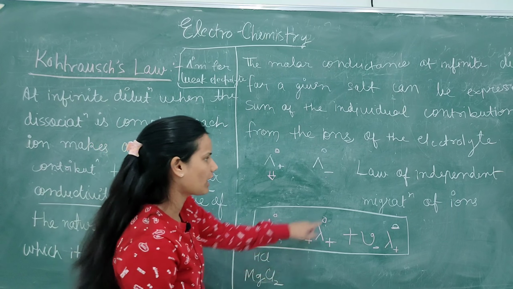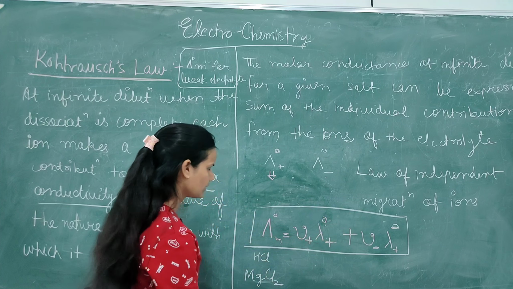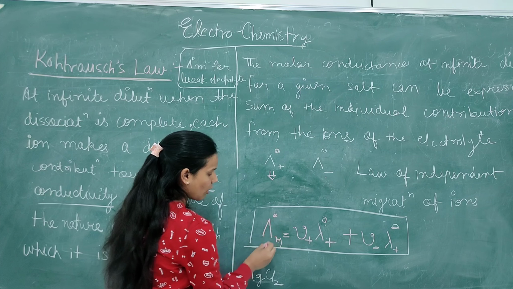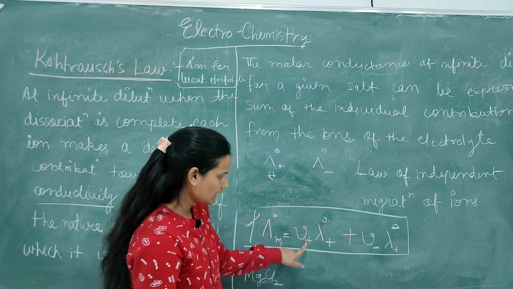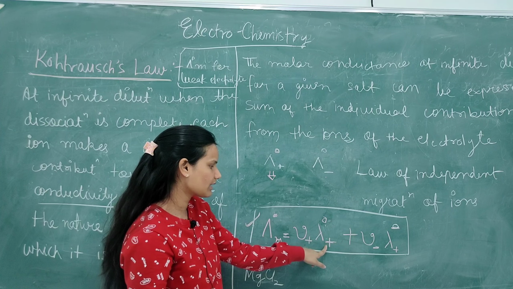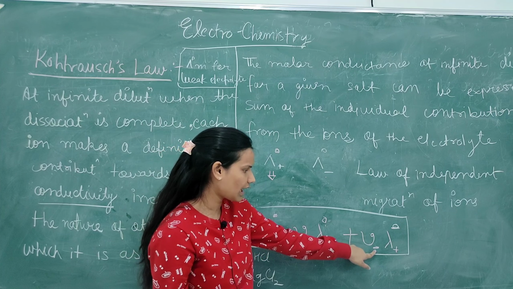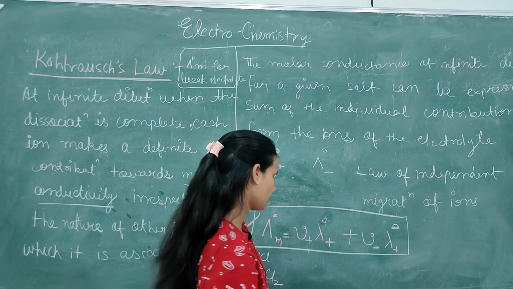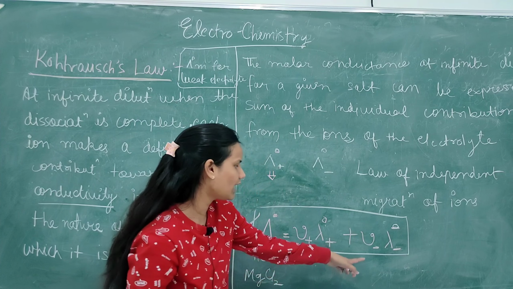Now, according to the Kohlrausch law of independent migration of ions, you can directly write that the total molar conductance at infinite dilution of the electrolyte is given by the number of cations times the molar conductance at infinite dilution of the cation plus the number of anions times the molar conductance at infinite dilution of the anion.